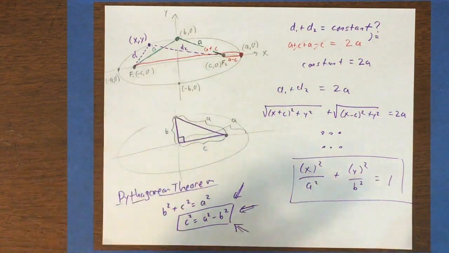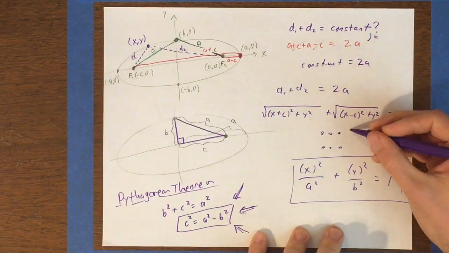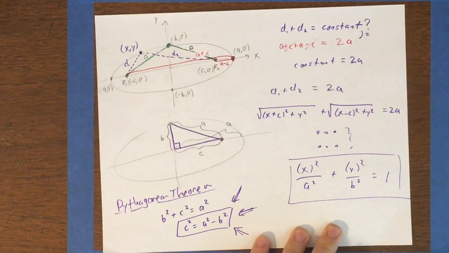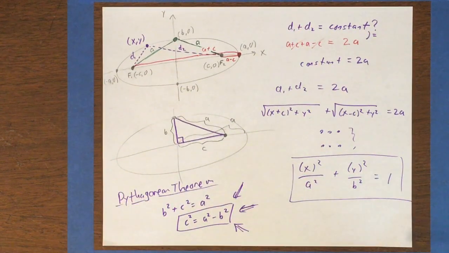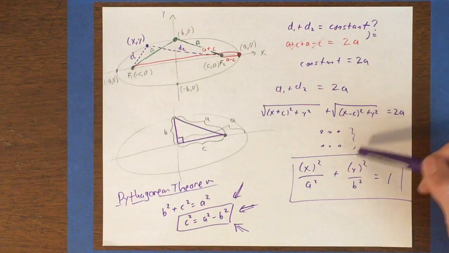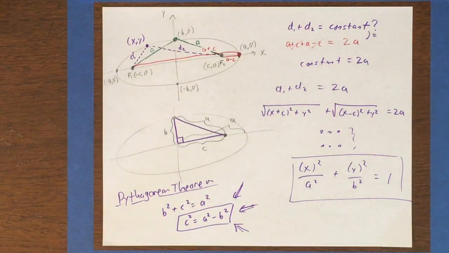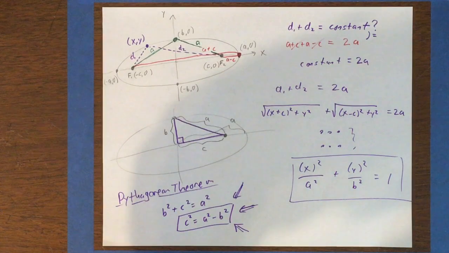So that's how an equation can be derived from the geometric definition. If you want to see the details of this proof, you can check out the textbook. Section 12.1, Ellipses, goes over all this. It is a long algebra mess, but it is kind of illuminating.